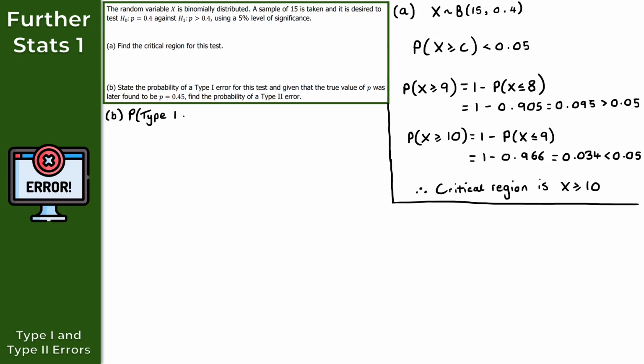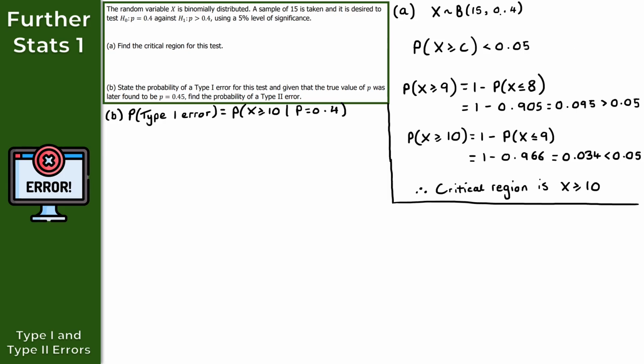For a type 1 error, this is equal to the probability that X is greater than or equal to 10, in other words, we are within the critical region here, given that p is equal to 0.4, because we assumed that H0 was true.